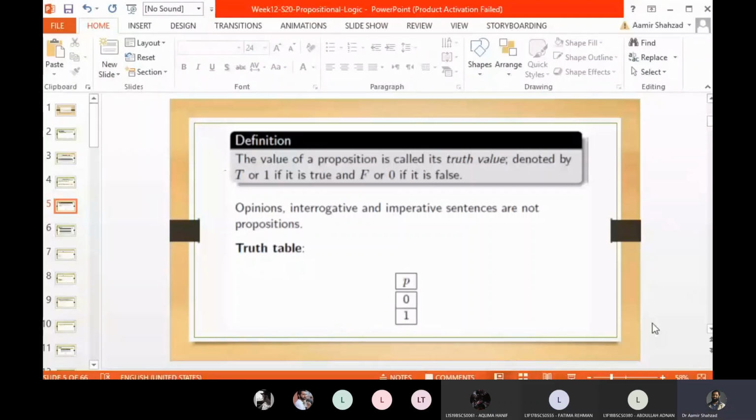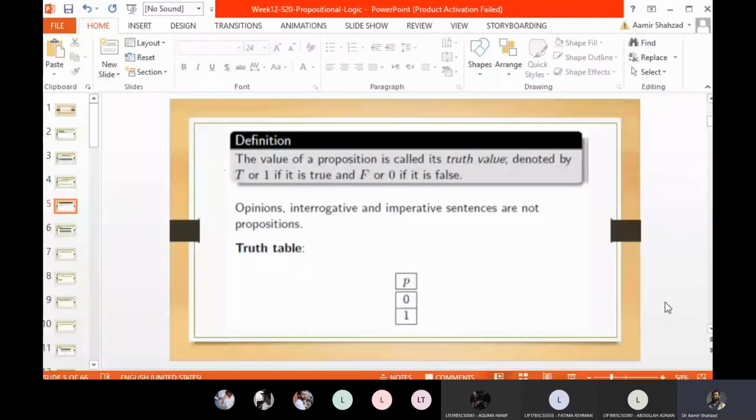So अगर हमारे पास एक स्टेटमेंट है तो इसकी बाइनरी वैल्यूज क्या होंगी? या तो 0 होगी या 1 होगी, ट्रू फॉल्स होगी या ट्रू होगी. 0 इज यूजुअली हम फॉल्स के लिए 0 यूज करते हैं, ट्रू के लिए 1 यूज करते हैं. दिस इज जस्ट अ टर्मिनोलॉजी. इट कुड बी अदर वे अराउंड आल्सो, लेकिन एक जो जनरल टर्मिनोलॉजी है, 0 इज यूज्ड फॉर फॉल्स, 1 इज यूज्ड फॉर ट्रू.